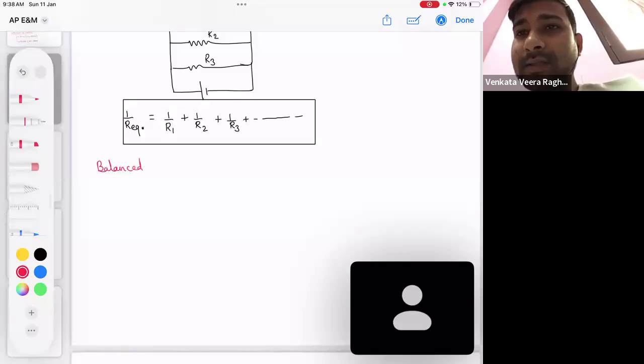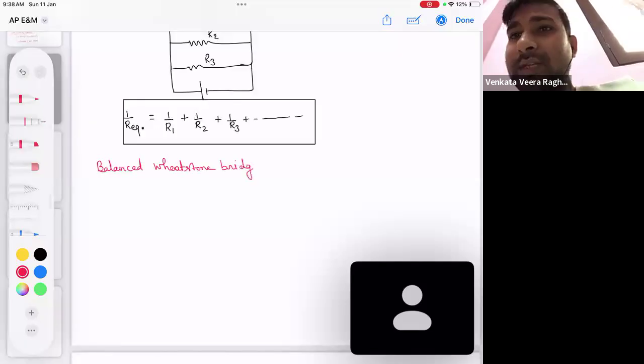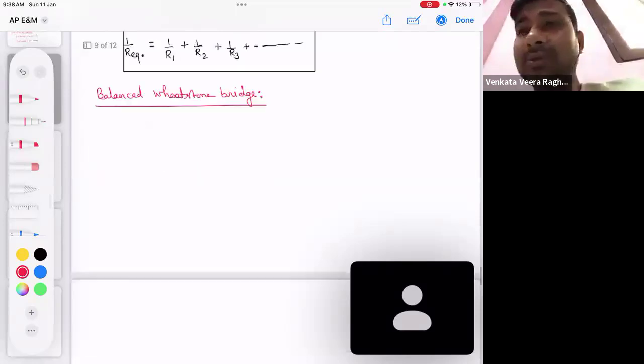So what is the balanced Wheatstone bridge? In the balanced Wheatstone bridge, what happened? This balanced Wheatstone bridge condition is very important in solving many other questions.